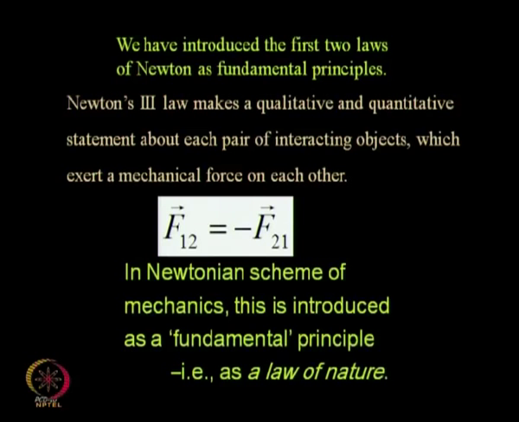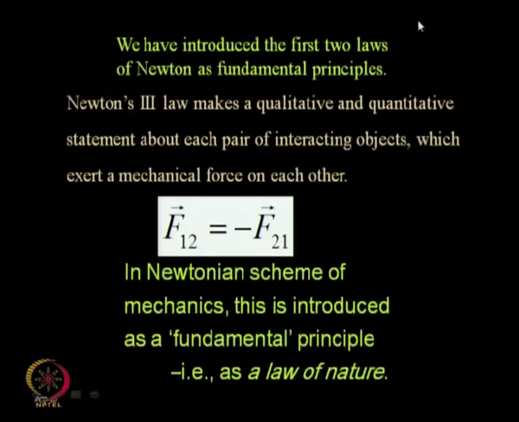So, these were forces between pairs of objects, and what Newton figured out is that the force by object 1 on object 2 would be equal and opposite to the force by object 2 on object 1. This is the statement of Newton's third law.